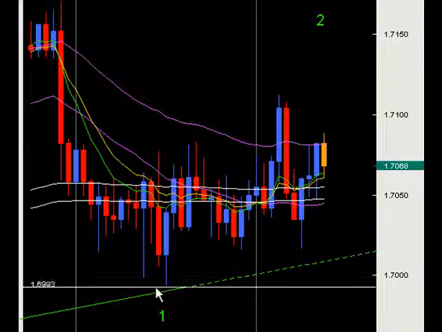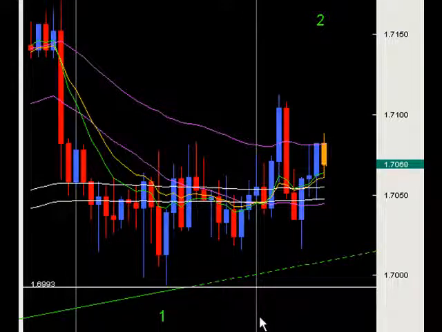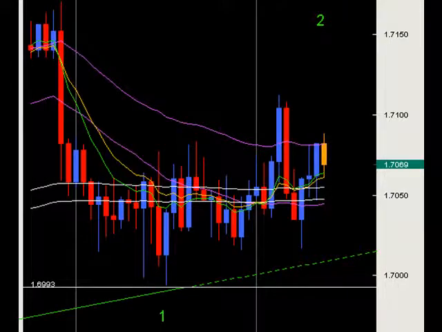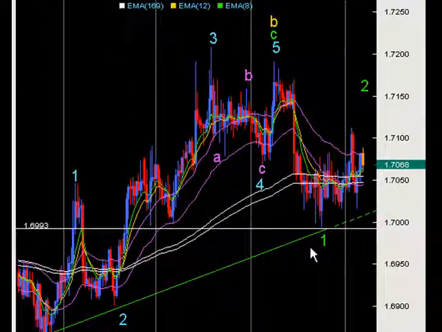We have the point 1 at 69.93. What we will be doing at that stage is breaking a trend line, breaking a new low, and continuing to come down in the wave 3 of the yellow C.